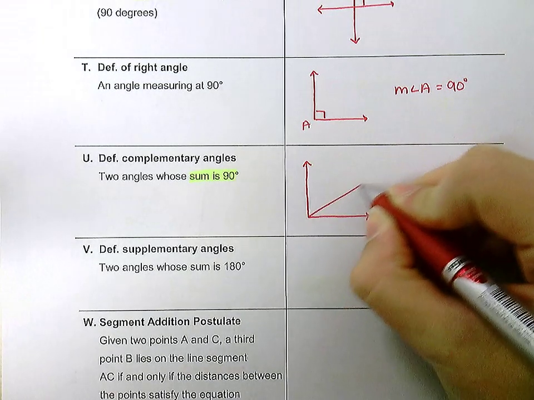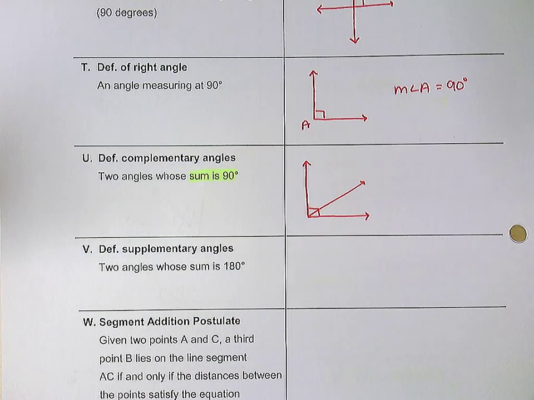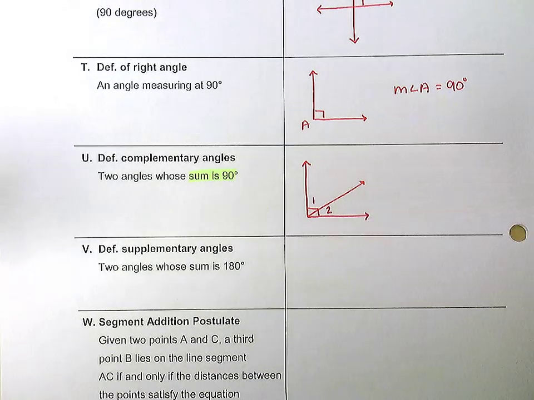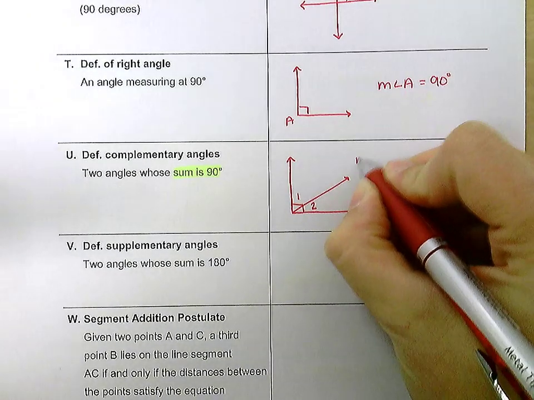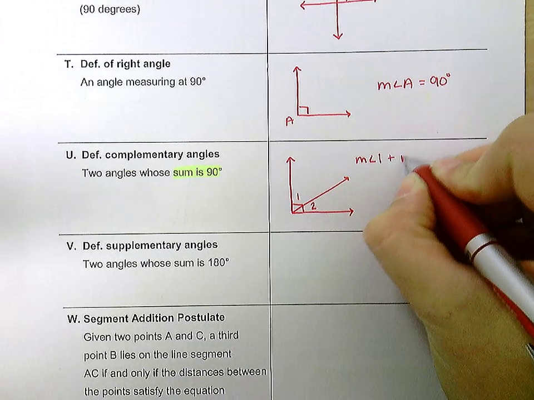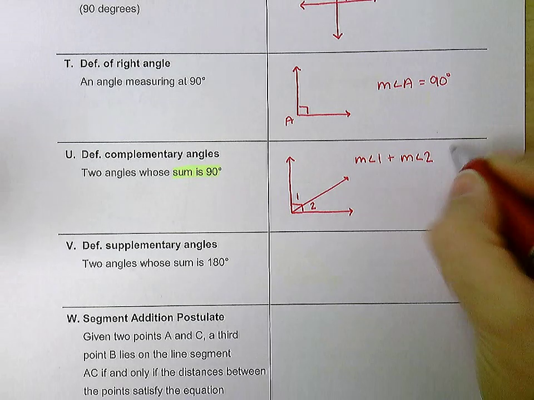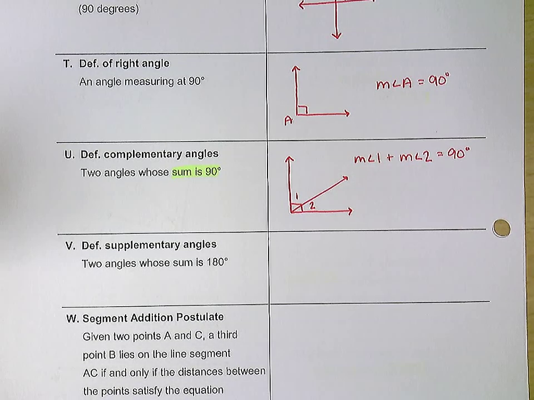If I have two angles here that form a right angle, I'll label one as angle 1, the other is angle 2. Since they form that right angle, I know I could add together their measures. So the measure of angle 1 plus the measure of angle 2 equals 90 degrees. So two angles that add to 90.